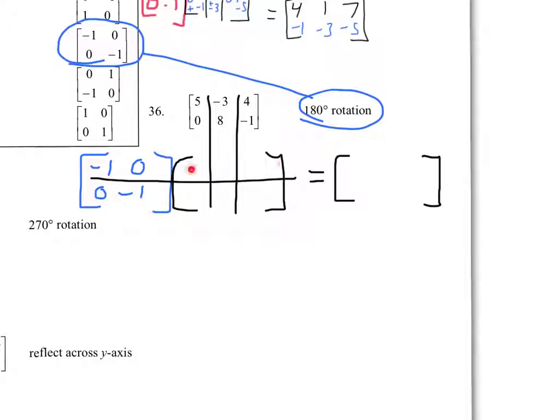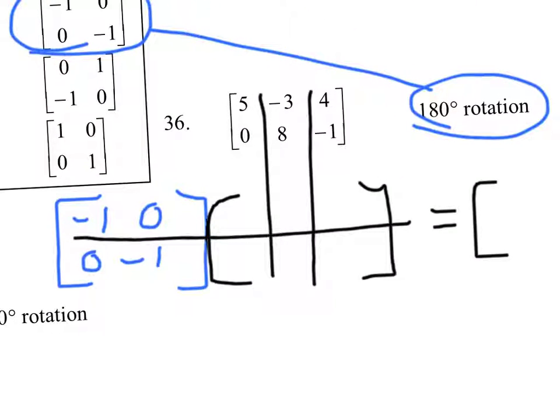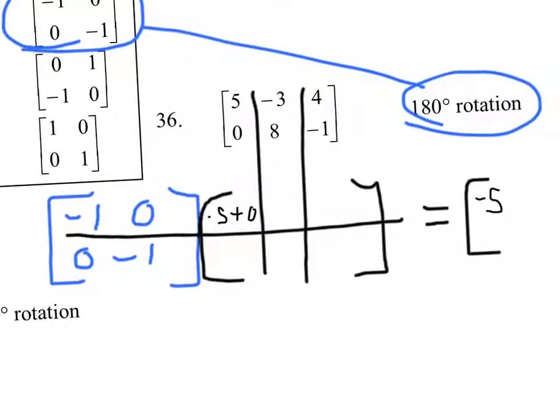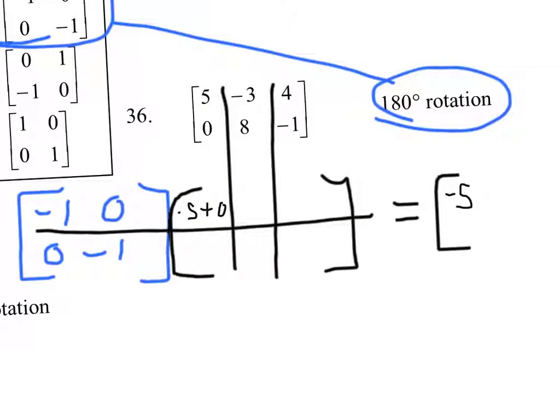Going across the first row like I usually do. -1 times 5 is -5. And 0 times 0 is 0. So -5 plus 0 is -5. Then we have -1 times -3 is +3. And 0 times 8 is 0. So 3 plus 0 is 3.